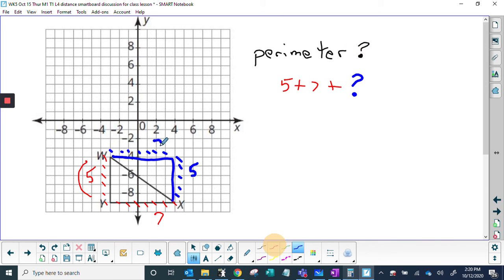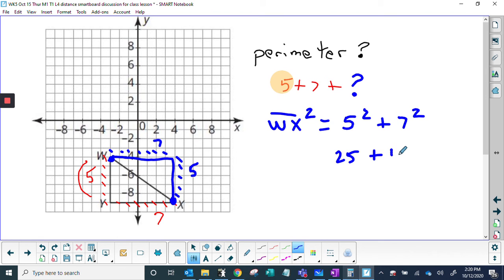By using the distance formula, we can find WX. WX squared is equal to the rise squared plus the run squared. 5 times 5 is 25. 7 times 7 is 49. And that's the segment we want, squared, because if we can get that number, we win.